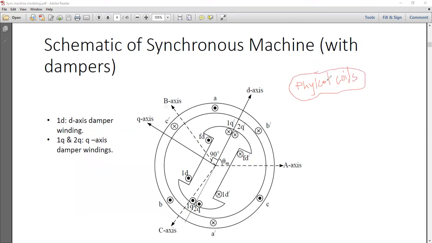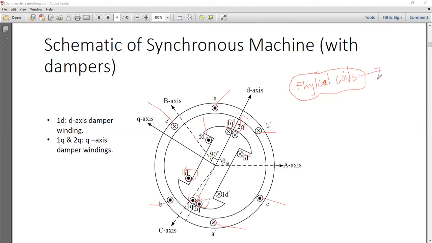So we assume that all of the coils that we are considering, be it the stator coil AA dash, the BB dash, or the CC dash, along with the field coils and these damper coils, all of these coils are physical coils. So that means they are in the real world.